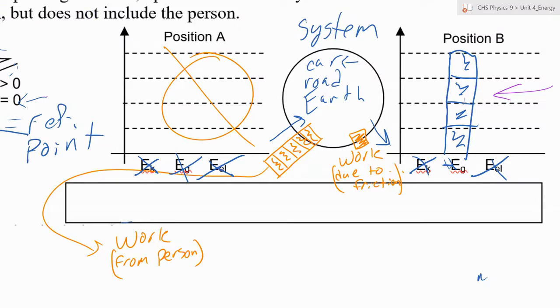So I would have that the work from the person minus the work from friction equals the gravitational potential energy. And there you have it.